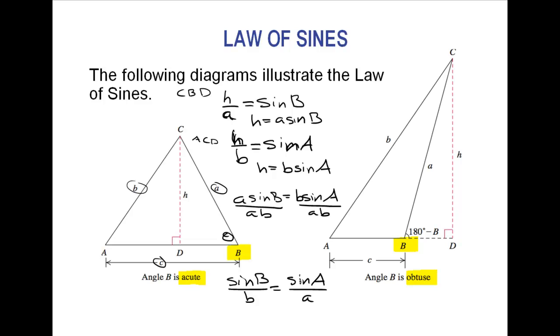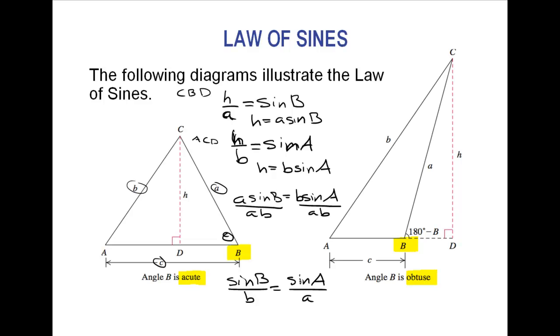So we get this nice ratio relationship: sine of the angle divided by the side opposite of it. You'll notice in the picture, little a is opposite of angle A, little b is opposite of angle B, and little c is opposite of angle C. So we're always talking about the side of the triangle opposite that angle. Sine of the angle divided by the side opposite it, that ratio is consistent throughout the triangle.